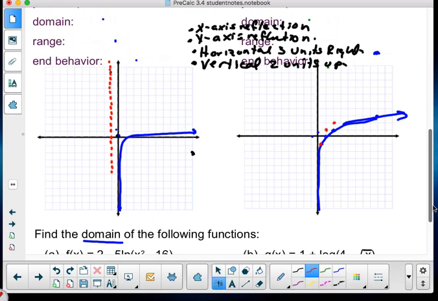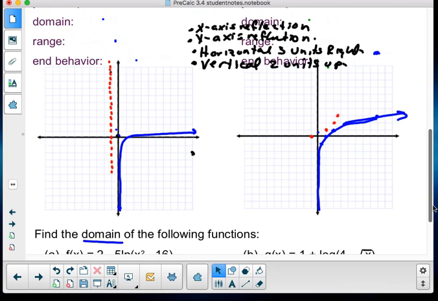Now at 4, that was my 2 spot, x-axis reflection, 2, y-axis reflection, 4, back 3, up 2. Now I haven't reflected this one yet. X-axis reflection goes up. Y-axis reflection goes over that half. Back 3, up 2.